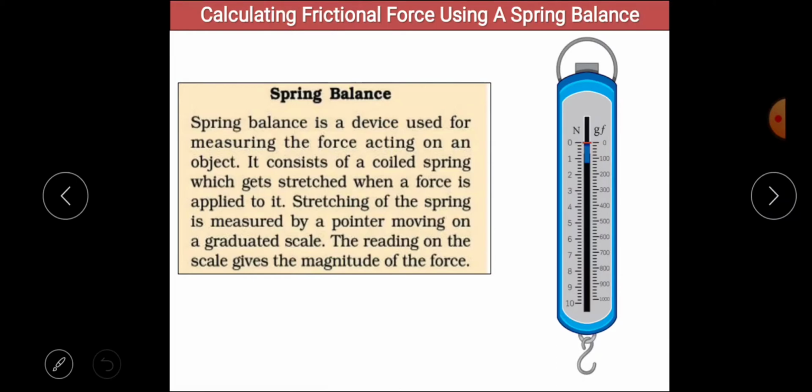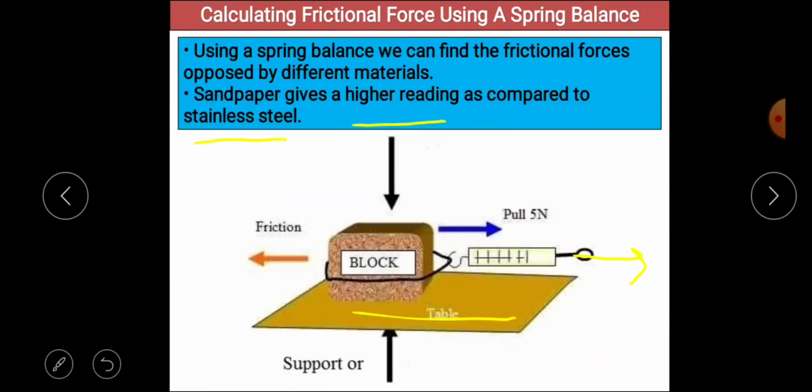So sandpaper will give a higher value, that means low force, in comparison to stainless steel, which will have more frictional force. So it is heavier, so more force will be applied there. This is how the spring balance can help us to measure a force.